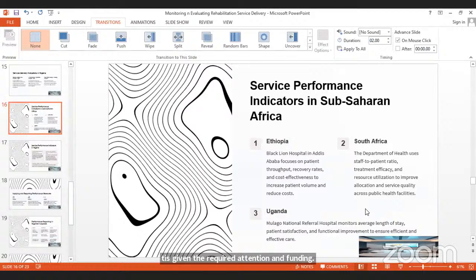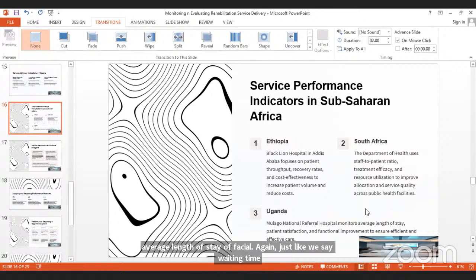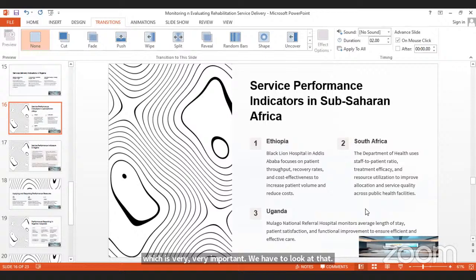So they monitor the average length of stay of patients. Again, just like we say, waiting time, which is very, very important. We have to look at that. And patient satisfaction, right? And how they improve functionally, right? They use all these things to see how they improve their efficiency and effectiveness in their care and service delivery.